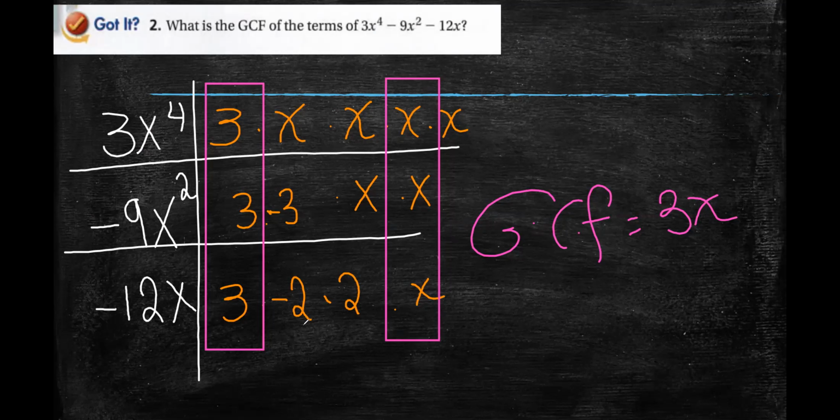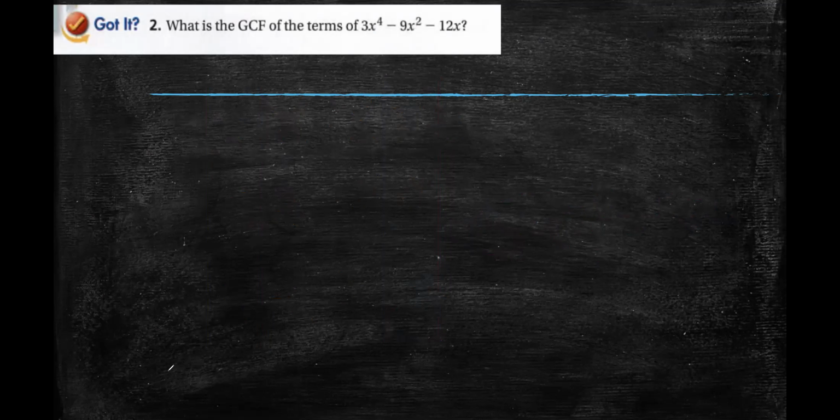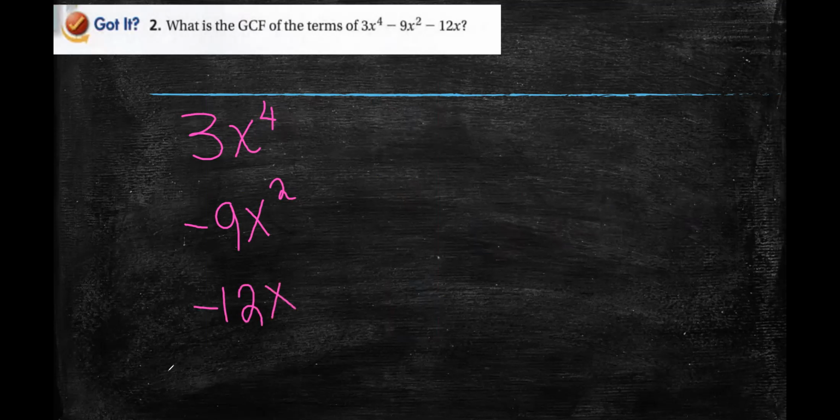Before that, did you understand this one? Yes, teacher. Okay, I will repeat it. Here we have 3x raised to the power 4, 9x squared and -12x.